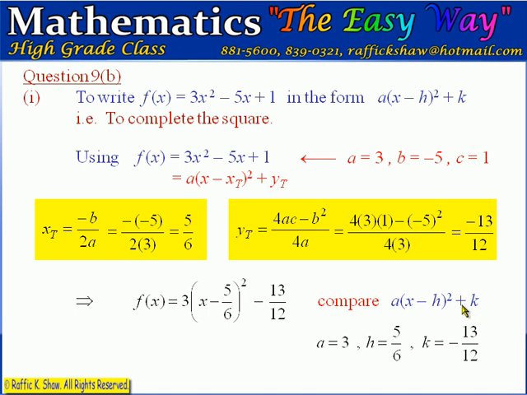And then plus k is equal to minus 13 over 12, and therefore k is minus 13 over 12. So these are the values: a is 3, h is 5 divided by 6, and k is negative 13 divided by 12. And so that completes part 1 of this question 9b.